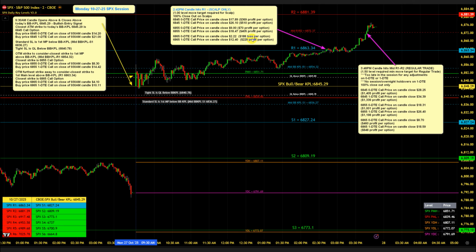But because it's happening so late in the session, and this is a 0 DTE call, we're actually at a loss. So we paid $410. It's now only $222, even though it's hit the one level scalp minimum required target for the scalp. Because it's happening so late in the day, that's why we have a loss.